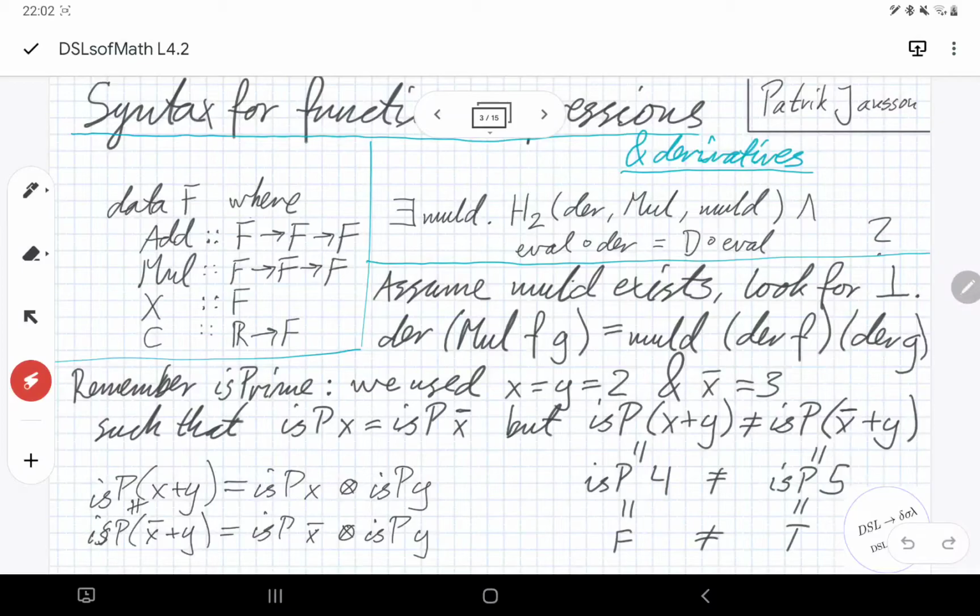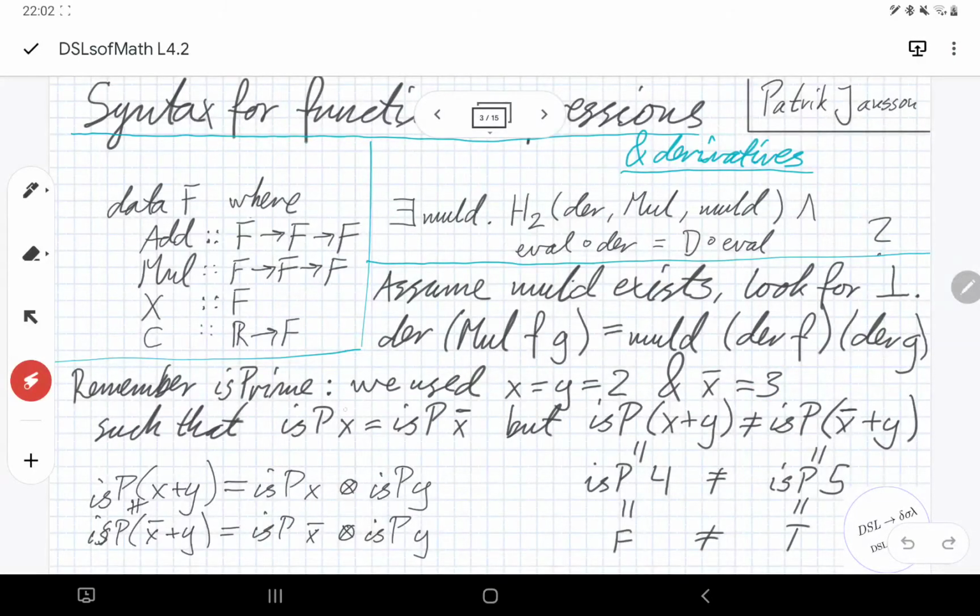Now if we think back, we had an example which was a counterexample to a homomorphism, and that example was is prime. If we look at the lower half here first, for is prime, we had x and y equals 2, and then what I call here an x bar, which was 3.